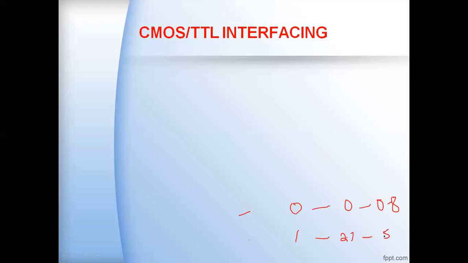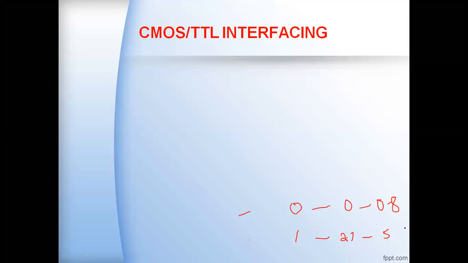So now you can understand that between CMOS logic and TTL logic, the logic levels themselves are different. Based on the applied voltages, there will be a proper function of that CMOS gate or TTL gate here.